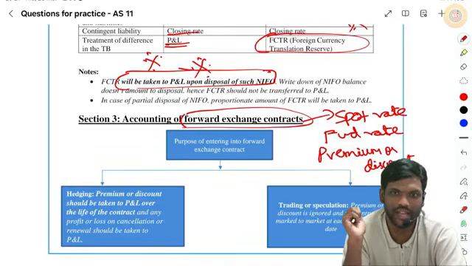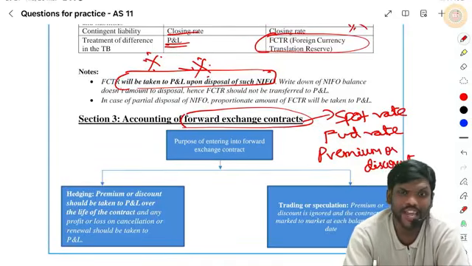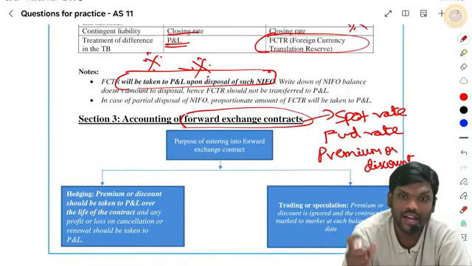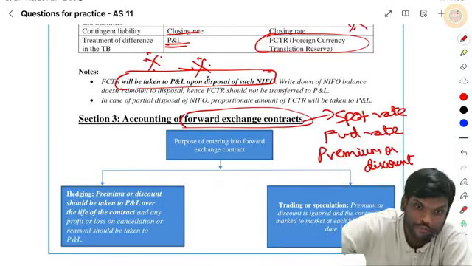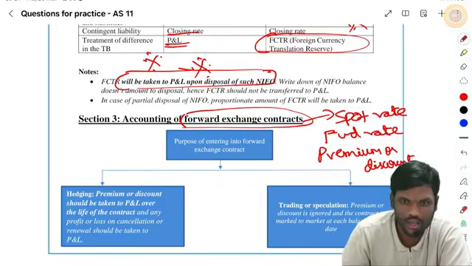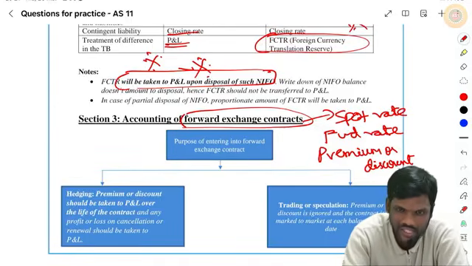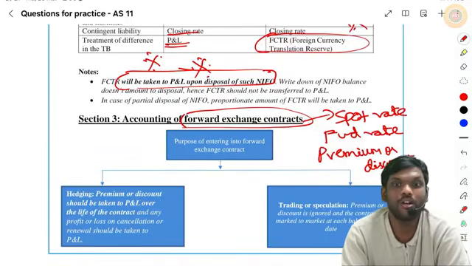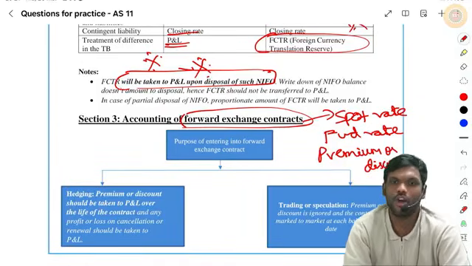It is today's exchange rate. Forward rate is the exchange rate agreed in the forward contract, which is applicable for the future.